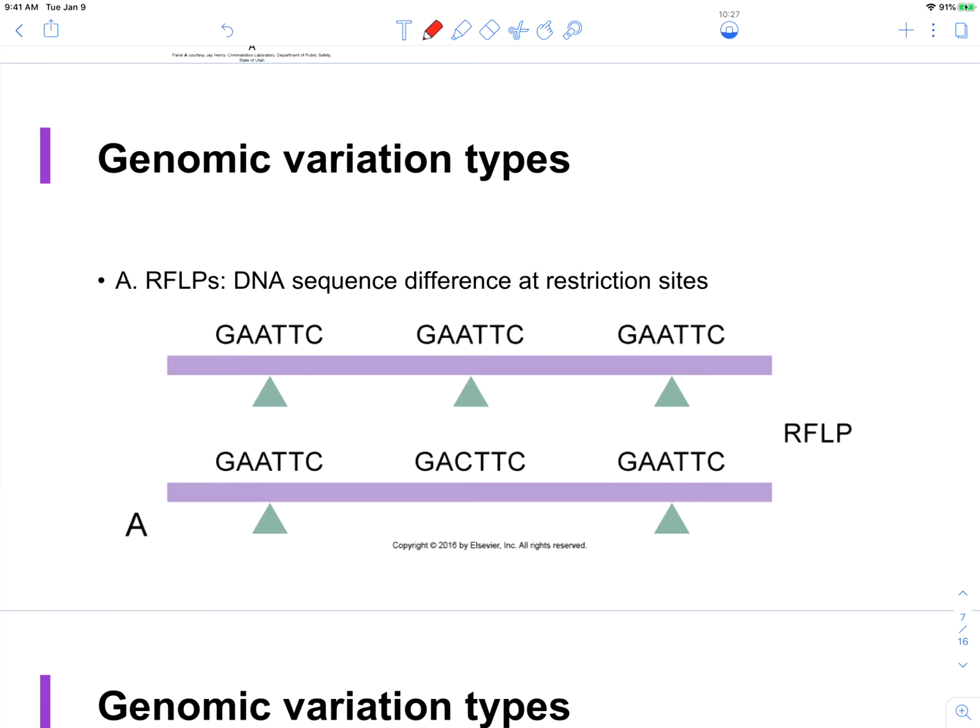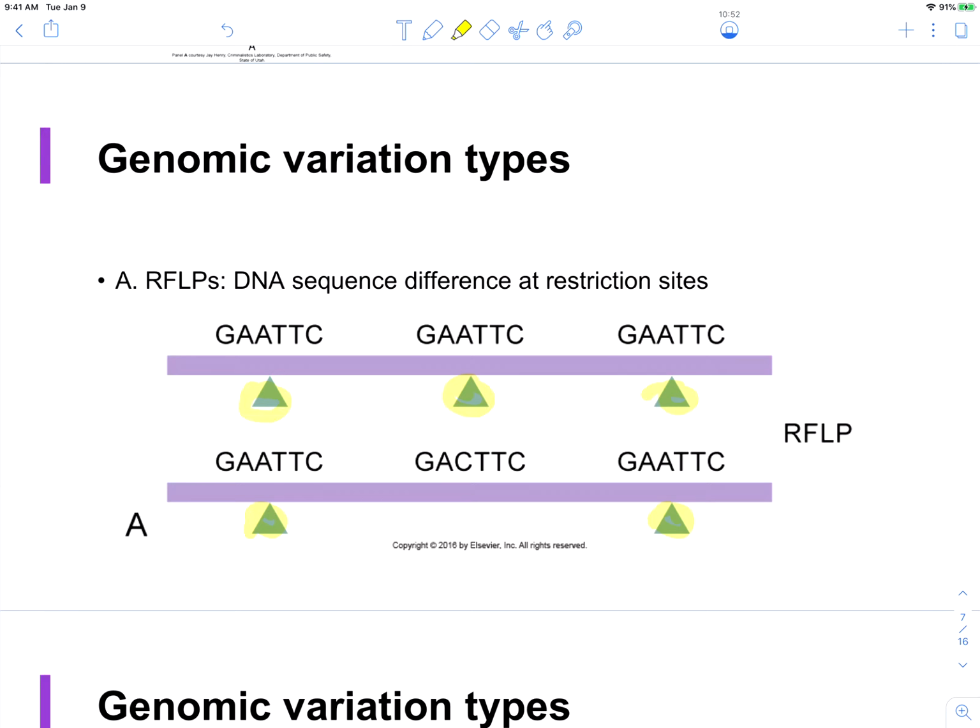Okay, so restriction fragment polymorphisms are going to have sequences of DNA which are different at different restriction sites. This is just showing different restriction sites. These little triangles here are just showing you where the enzyme, whatever enzyme you decided, EcoR1, whatever, is going to cut.